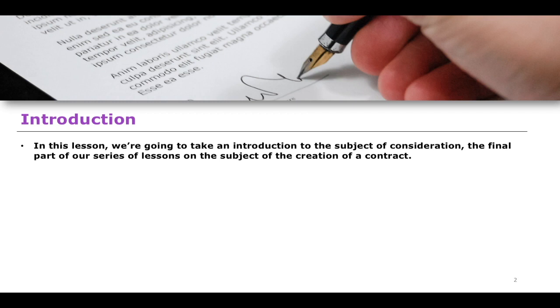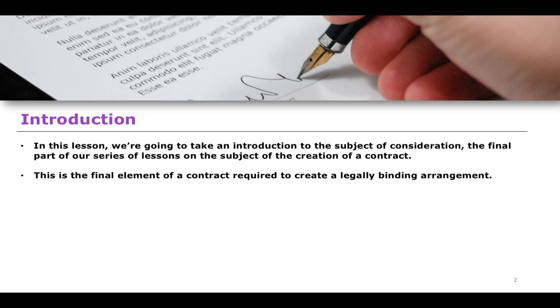So, we've done a number of lessons on the idea of agreement. We've delineated that between the offer and the acceptance. We then spent a couple of lessons looking at arguably one of the least important, or at least the least heavily litigated areas, which is, of course, an intention to create legal relations. And then finally, we're going to spend quite a bit of time talking about consideration.